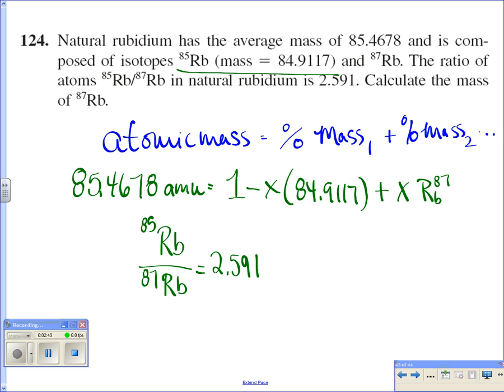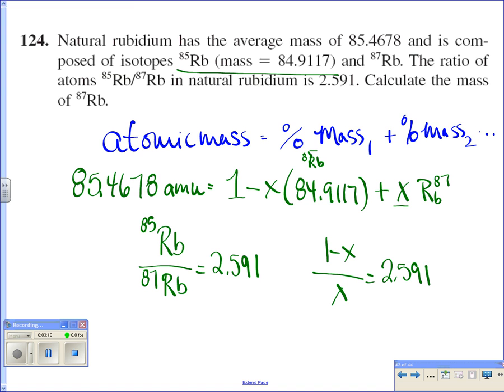You might wonder how to go from there, but look: this is rubidium-85, this is rubidium-87, and look what we called them, 1 minus x and x. So let's plug that in. For rubidium-85, I'm going to plug in 1 minus x, and for rubidium-87, I'm going to plug in x, and that equals 2.591.